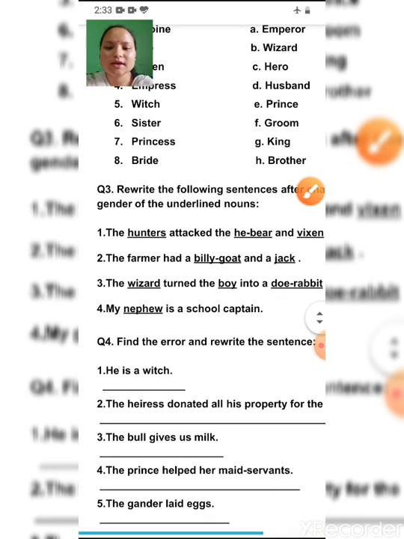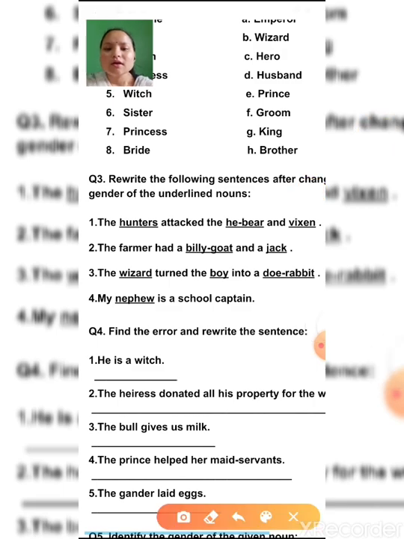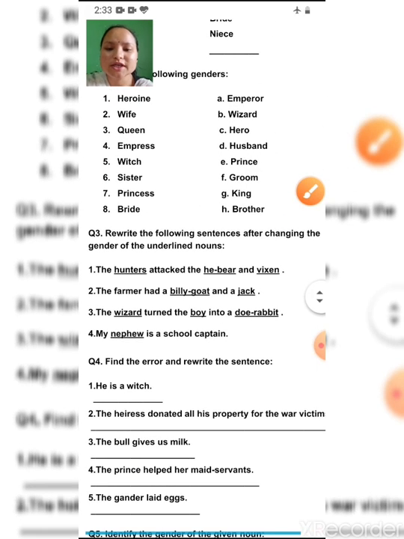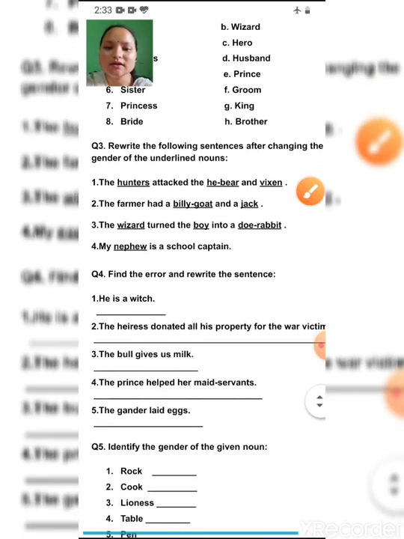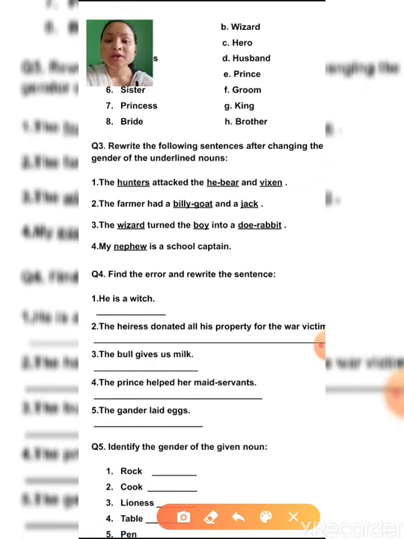Now question 3 is you have to rewrite the following sentences after changing the gender of the underlined nouns. The first one is the hunters attacked the he-bear and vixen. So you have those underlined words, you have to change the gender. Hunters is masculine gender.